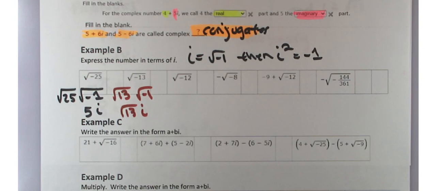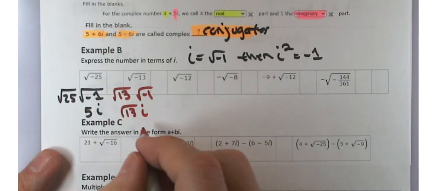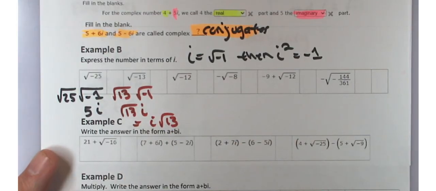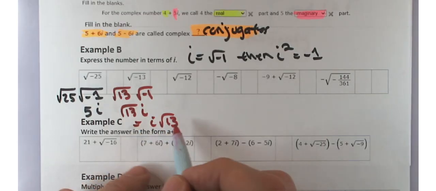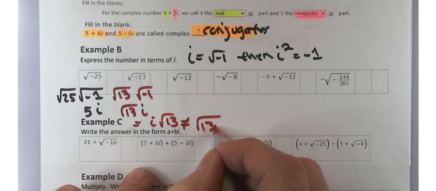Now, I will share with you one other thing here. A lot of times I won't write it like that. A lot of times I'll write it as i times the square root of 13. And the reason I write it with the i out in front, even though a lot of people won't do that, is because I don't want it to get confused with the square root of 13i.